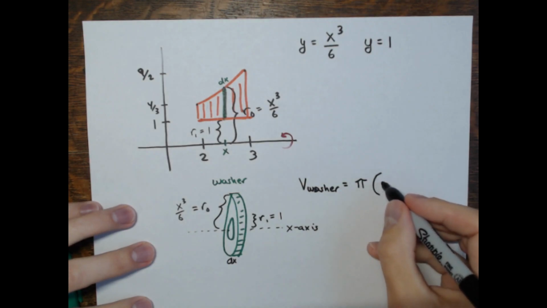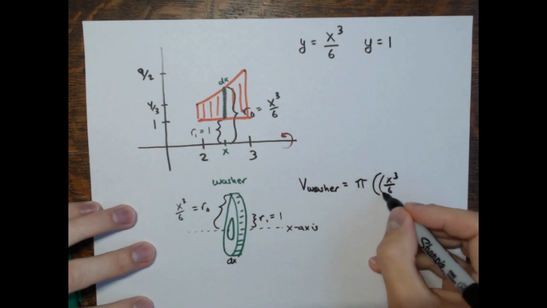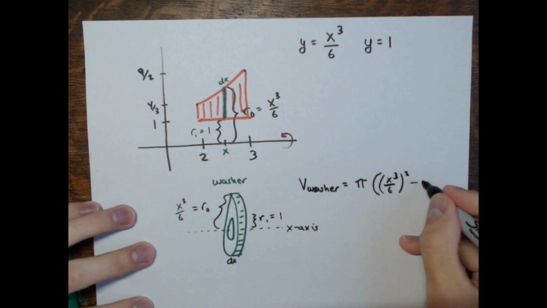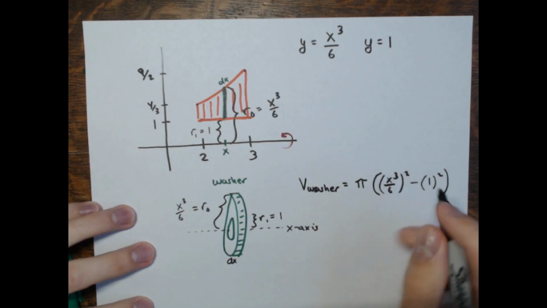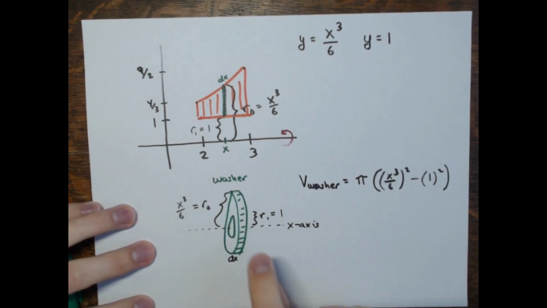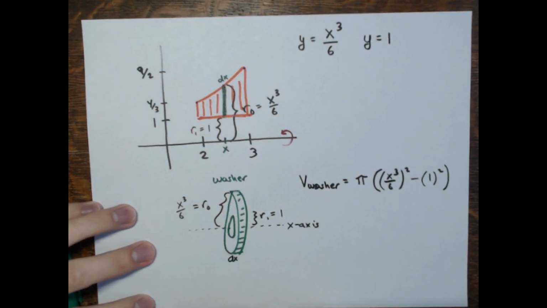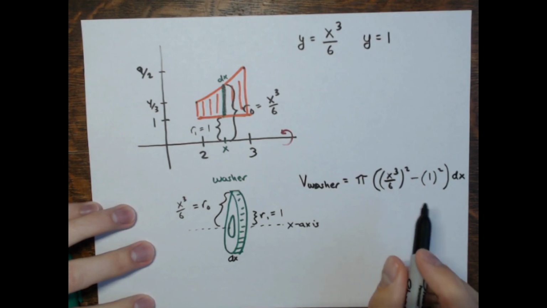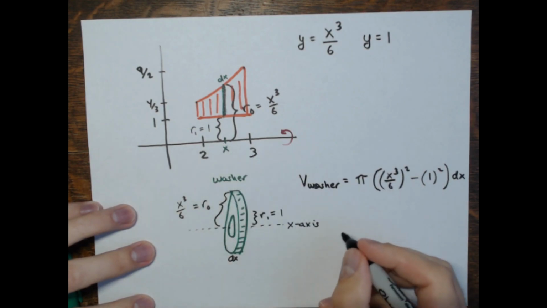So pi times the outer radius squared, x cubed over 6 squared, minus the inner radius squared, just 1 squared, and there's the area of our little circular face with a circle cut out of it, that ring. And then times the thickness, dx. And we'd be doing this, finding these washers for every value of x from 2 to 3.